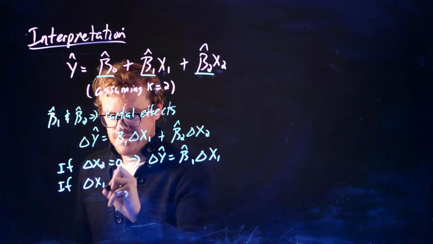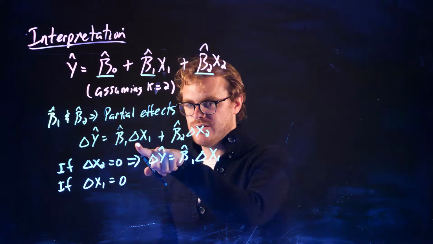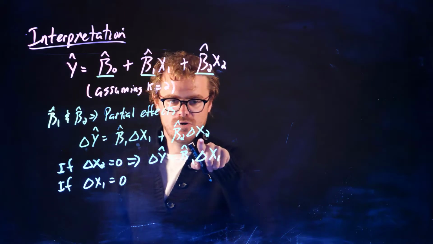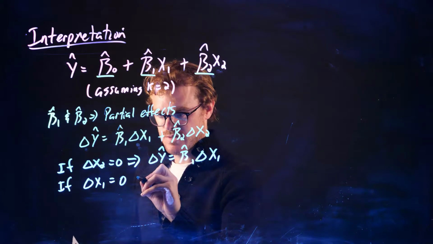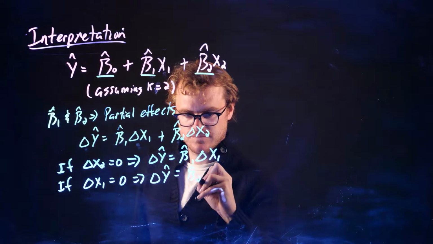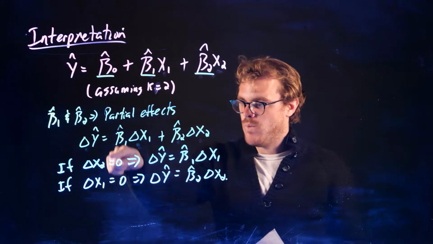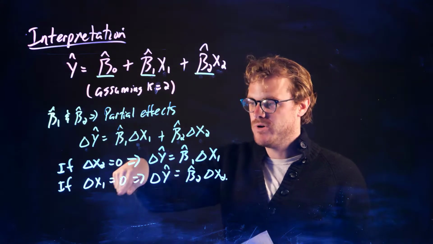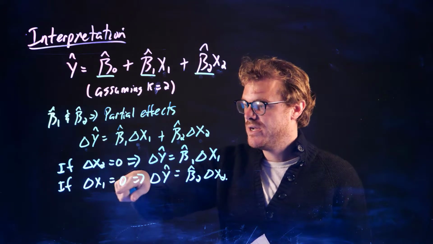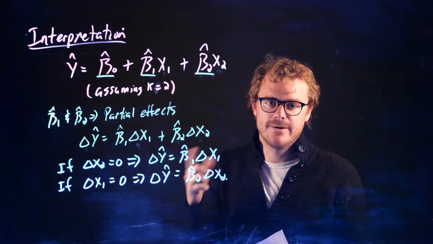And the same thing the other way: if the change in x1 equals 0, then beta hat 2 is capturing the change in y hat over the change in x2. This is why, when we originally introduced multiple regression, we had that second part about holding the other thing constant. So let's do a quick example with numbers and interpret it just like we did in simple regression.